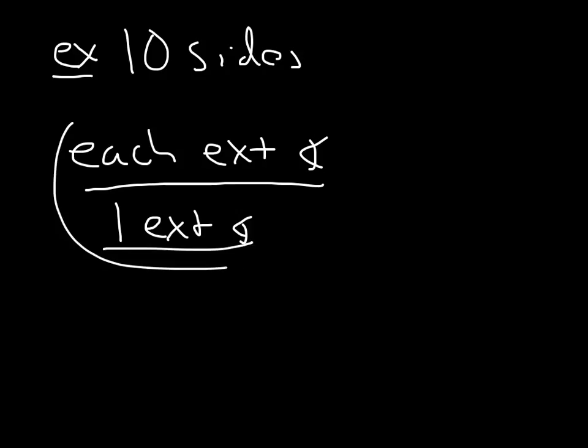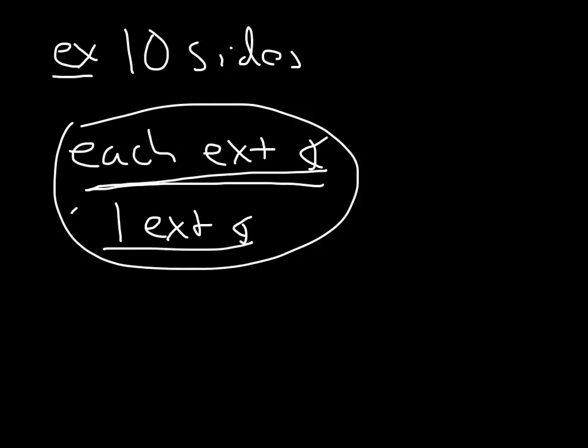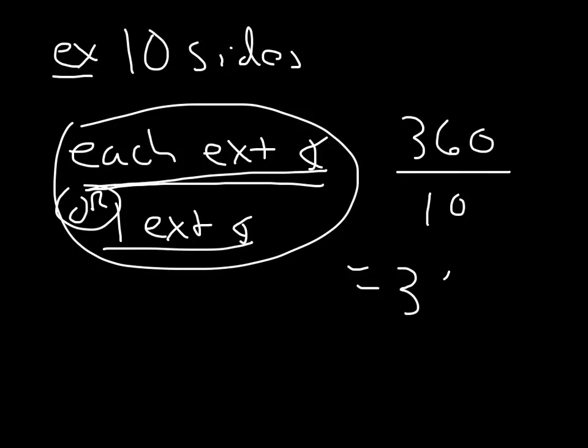So these mean the same. If you want to find each exterior angle, or if you want to find the measure of one exterior angle, then you would take your sum formula of 360, you would divide it by 10, and so each exterior angle is 36.